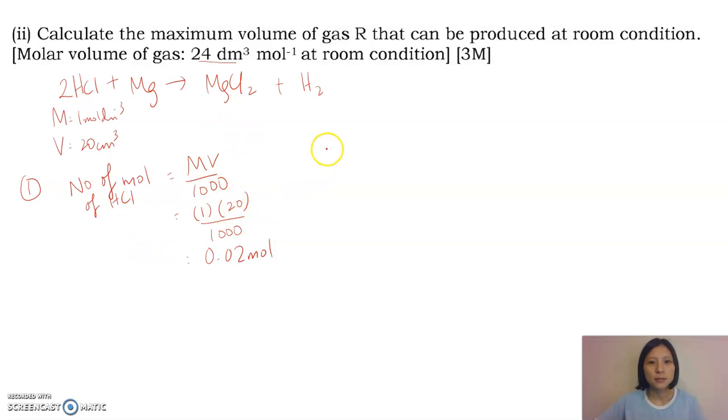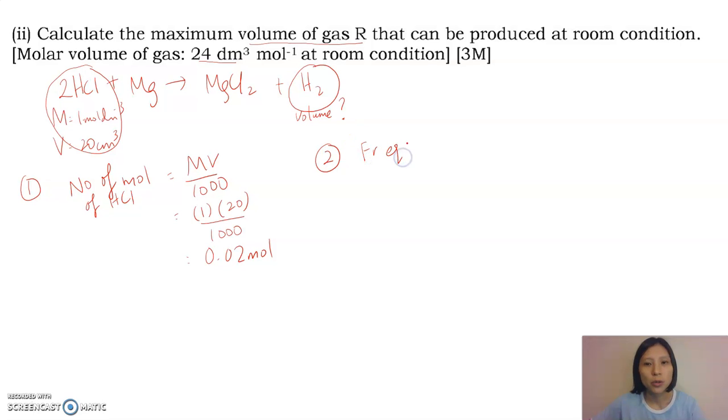Okay, now what's the second step? The second step is to look at the ratio in the equation. We have the information for number of moles, and we want to calculate the volume of gas R. That means we want to calculate the volume of hydrogen gas. So we need the number of moles for hydrogen gas. We want to compare the number of moles in the equation.